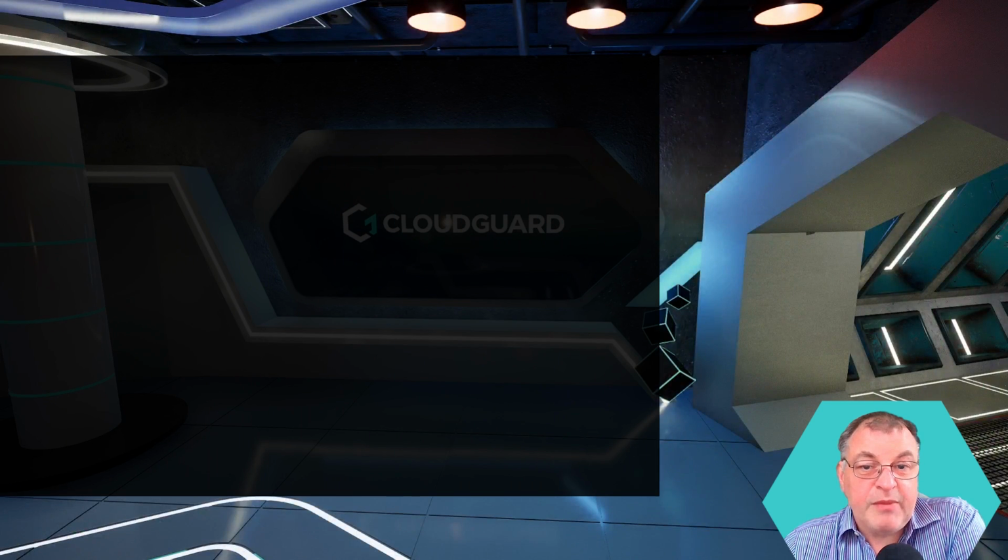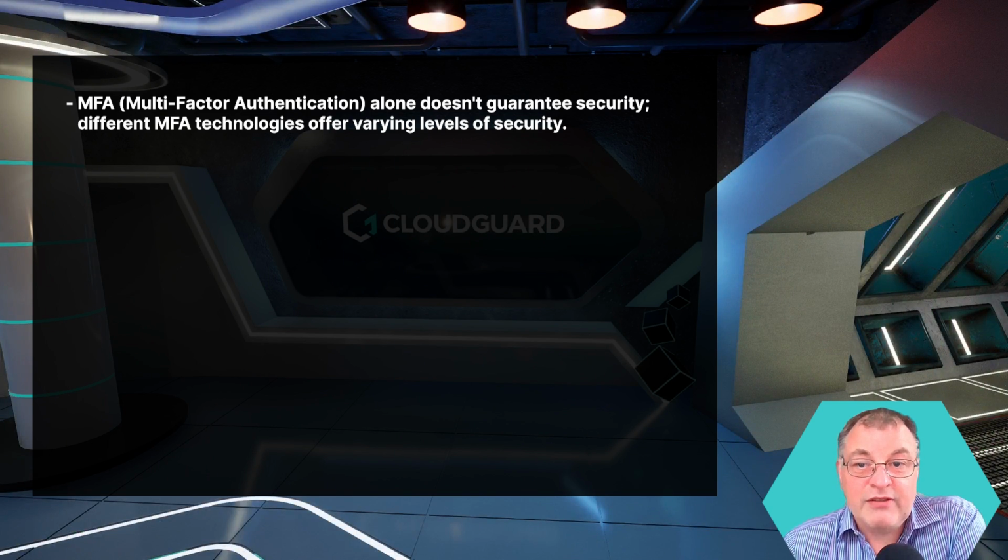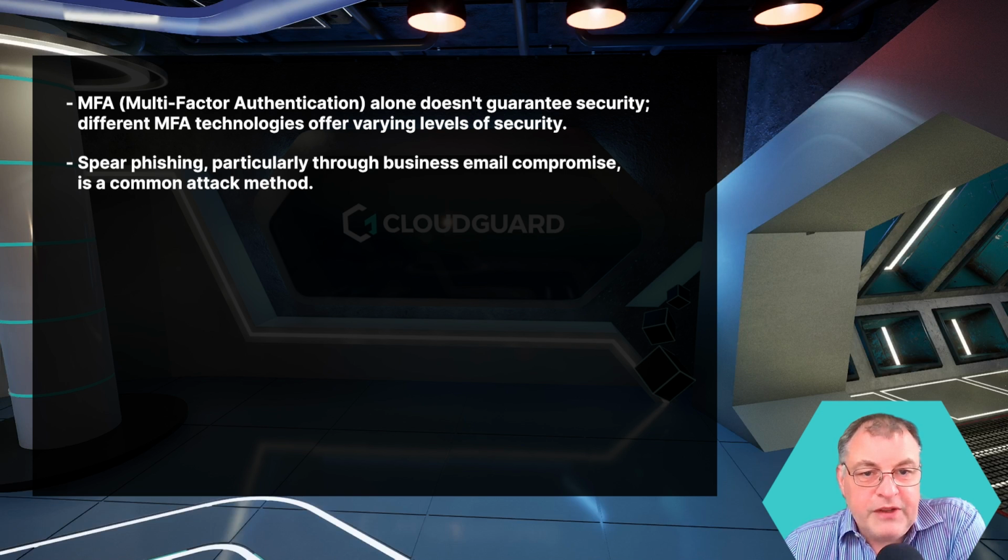As you can see, having MFA enabled does not necessarily mean that you or your users are fully secure. Different multi-factor authentication technologies provide different levels of security, and targeted phishing attacks can often look legitimate, with business email compromise being a common attack vector used by hackers and malicious individuals.